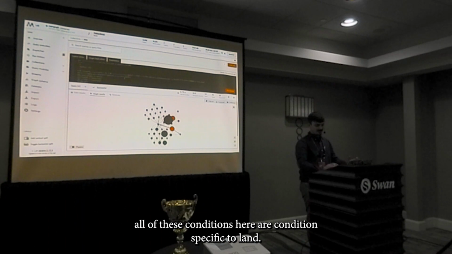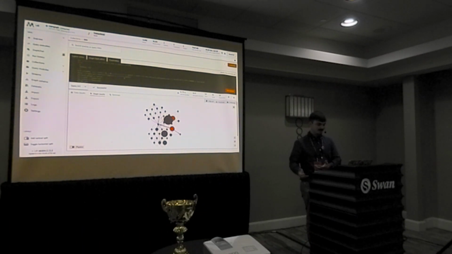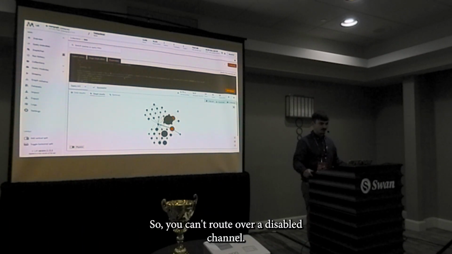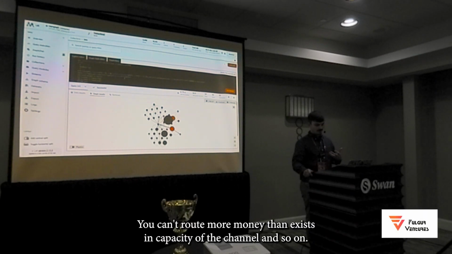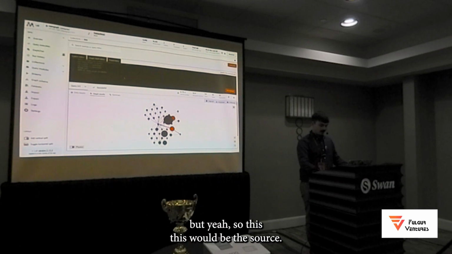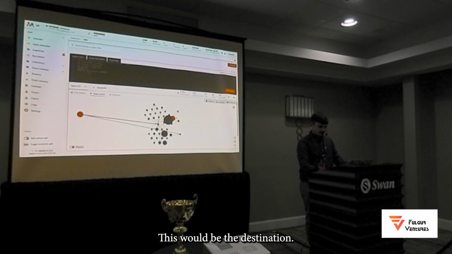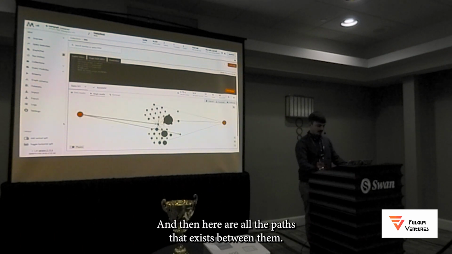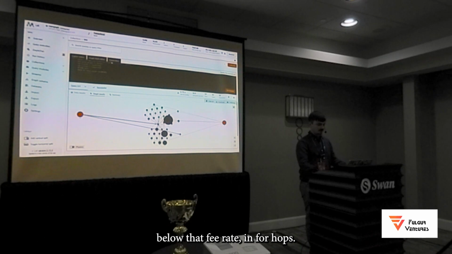All of these conditions are specific to LND, so you can't route over a disabled channel, you can't route more money than exists in capacity of the channel, and so on. But yeah, this would be the source, this would be the destination, and then here are all the paths that exist between them below that fee rate in 4 hops.